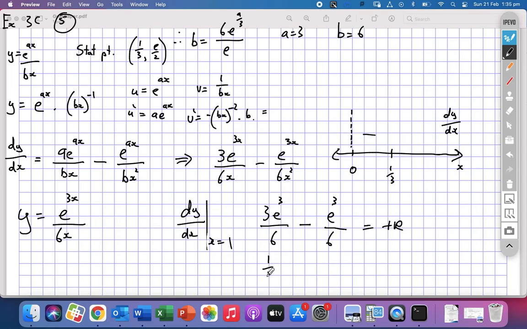I've got a half of something, we just call it x, minus a sixth of that something. I'm positive, right? So we have a minimum at that point because the gradient goes positive. What I've done there is just say let e cubed equal x, just so I can see it easier. It's like a half minus a sixth, right? Okay, I think that's enough for that question. Thank you.